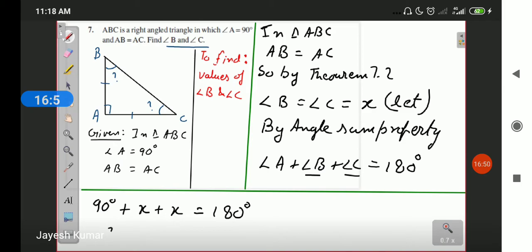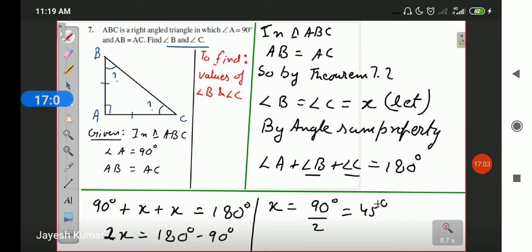So this will be 2x equals 180 degrees minus 90 degrees. So the value of x should be equal to 90 degrees upon 2, that is 45 degrees. That means angle B and angle C are both equal to 45 degrees.